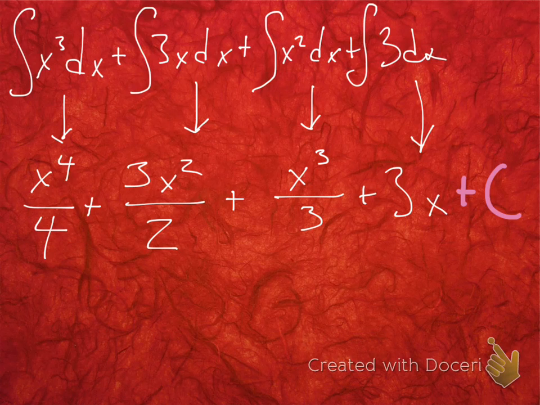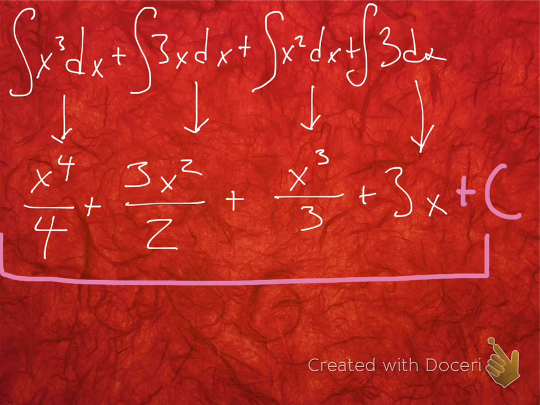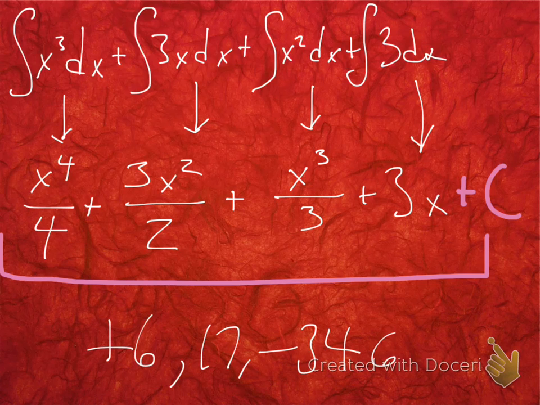We add a C on the end because this expression right here could have any constant tacked onto the end of it. If it was all of this plus 6 or 17 or negative 34.6, all of these would, when you take their prime, give you a 0, so it wouldn't change the function. So you have to put that plus C on there.